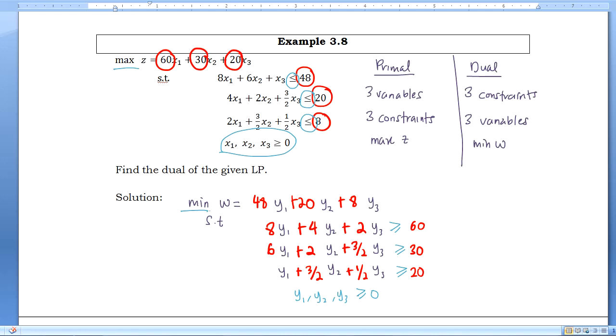When a minimum problem has all greater than or equal to constraints and all variables are non-negative, this LP is called a normal minimum problem. When the primal is a normal maximum problem, we will get a normal minimum problem as a dual.